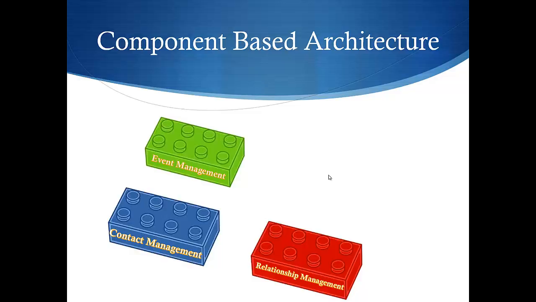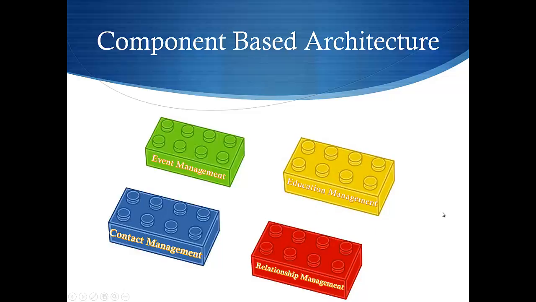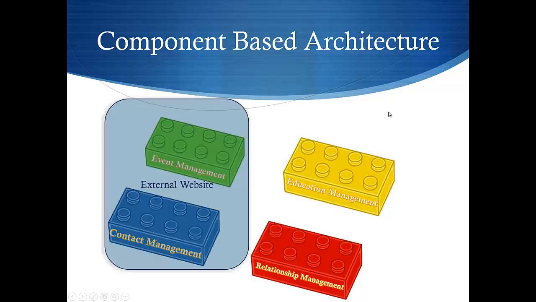You can easily take the eIS event management component and snap it in to provide that capability. Maybe you want to offer courses or manage aspects around the education side of your members or your supporters or the people that you're working with. Again, it's simply another Lego block that you can snap in to build a solution that ultimately meets the needs of your organization and how you operate.